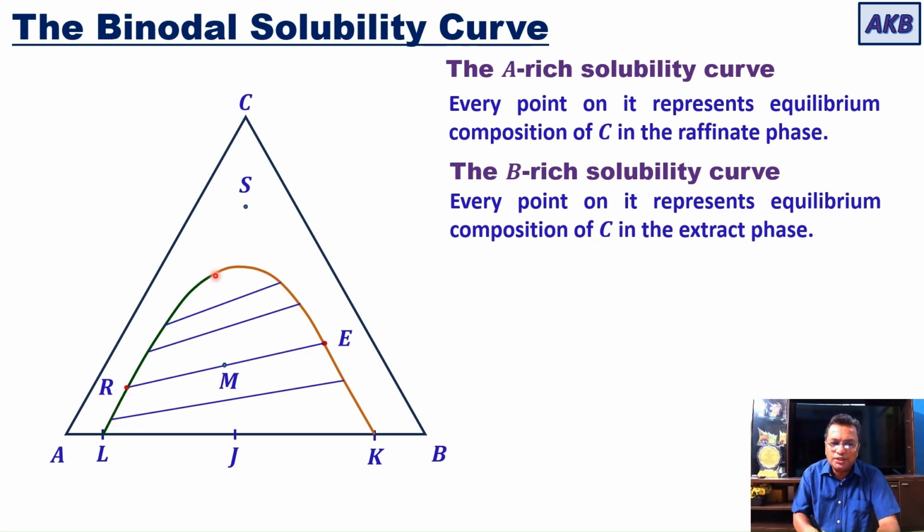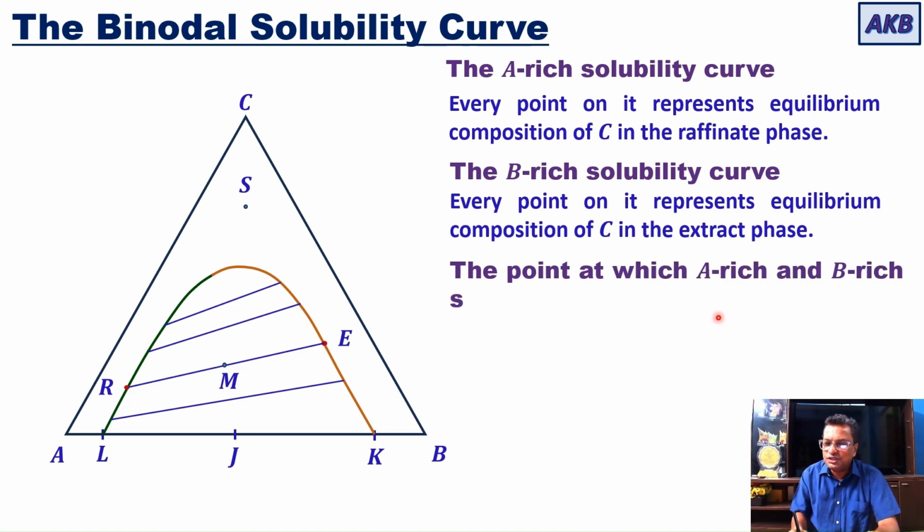Every point on the A-rich solubility curve represents composition in the raffinate phase, whereas every point on the B-rich solubility curve represents equilibrium composition in the extract phase.